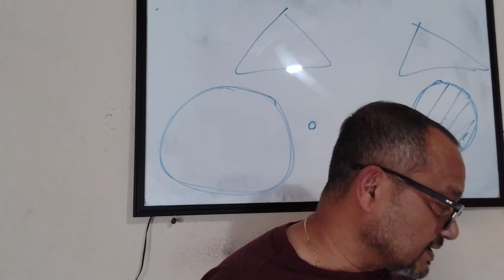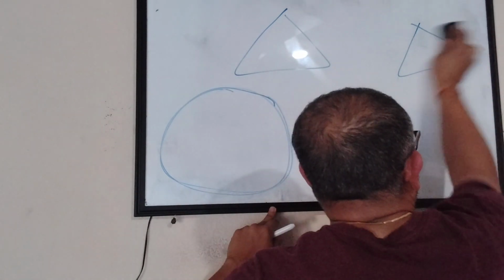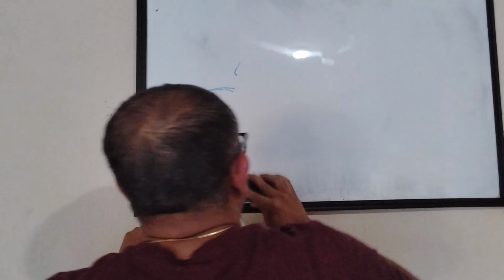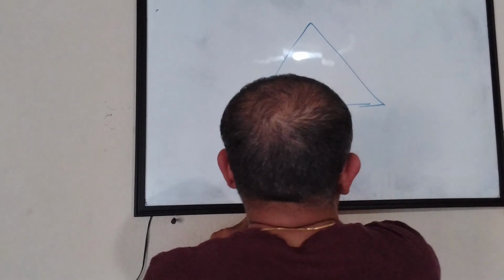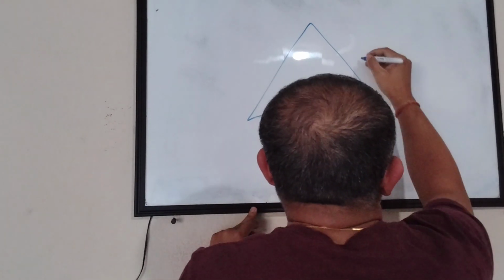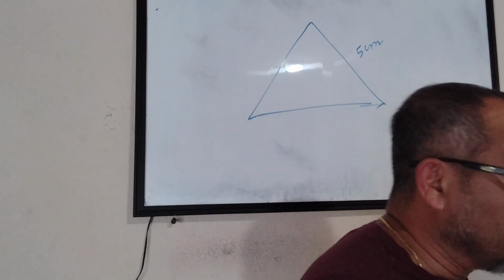Now let's look at the different shapes that we have talked about so far. If I say I have an equilateral triangle, now try relating it. Tasvik, where are you? Stay here. If I say I have an equilateral triangle and the side of that is 5 centimeter, hear me carefully.